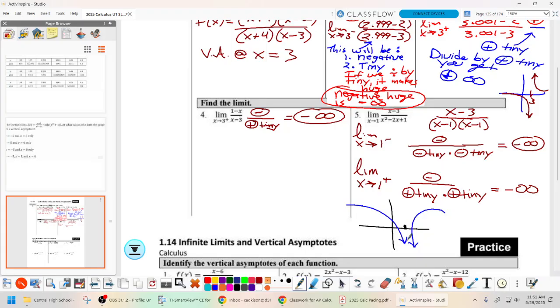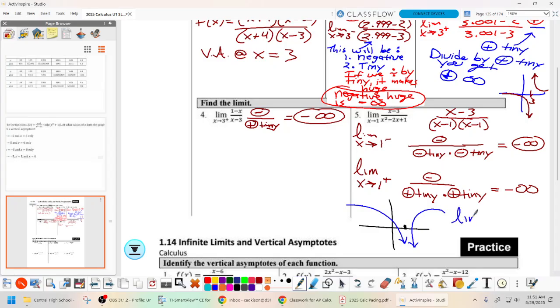We have to be careful because it's technically not a finite number, right? They do agree, coming in from both sides. It's both, in this case, negative infinity. So that allows us to be a little bit more flexible.